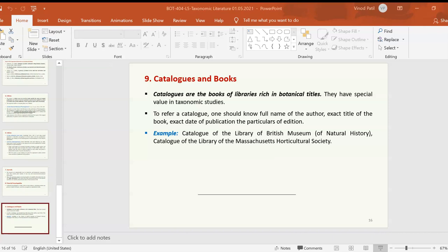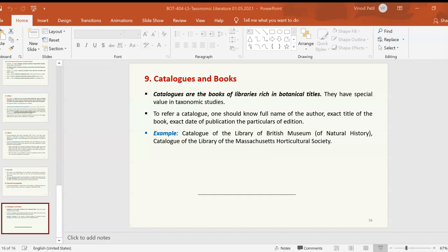To refer a catalog, one should know the full name of the author, the exact title of the book, and the exact date of publication of the particular edition. Likewise, catalogs may be different ones: catalogs of titles, catalogs of authors, catalogs of the editions.